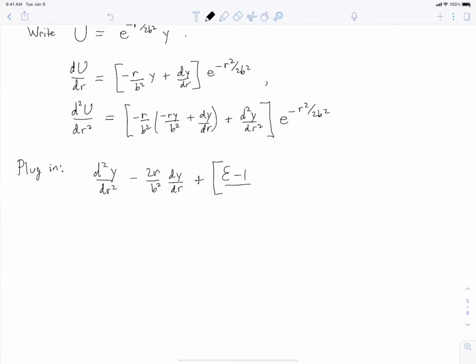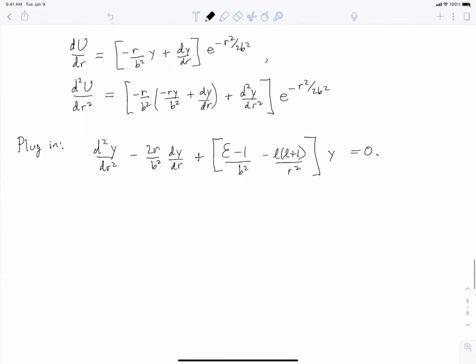Minus 1 over b squared minus L times L plus 1 over r squared, all multiplying y equals 0. Okay, and that's where curly E is just the rescaled value of the actual energy. So it's 2 mu b squared E over h bar squared, which is otherwise known as 2 times the energy divided by h bar omega.